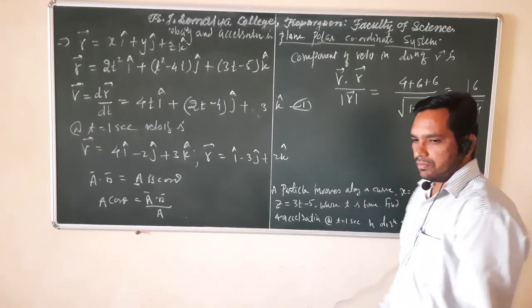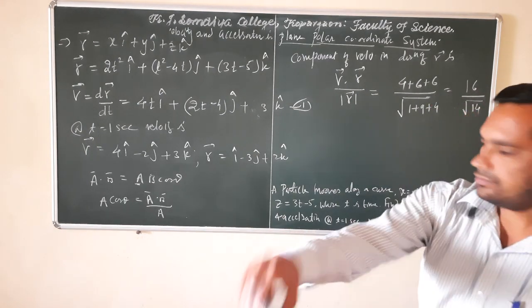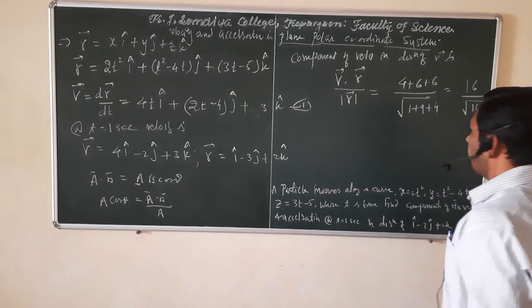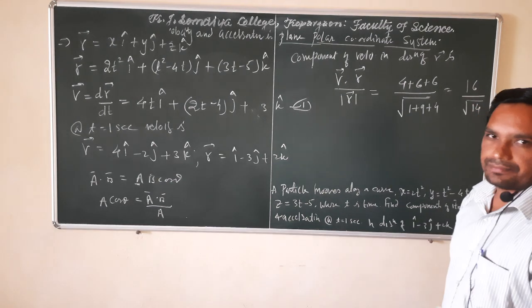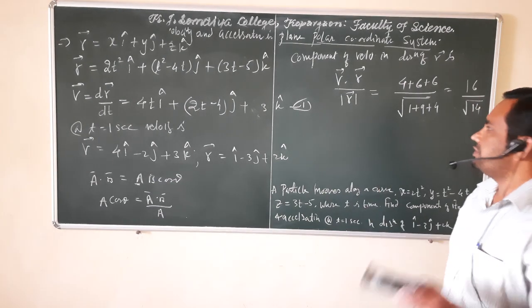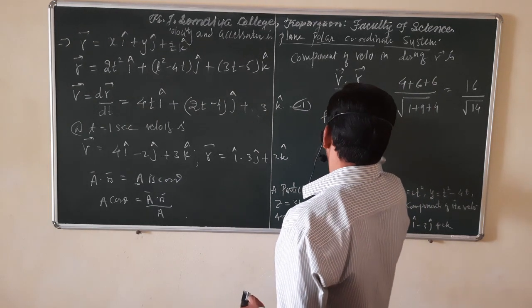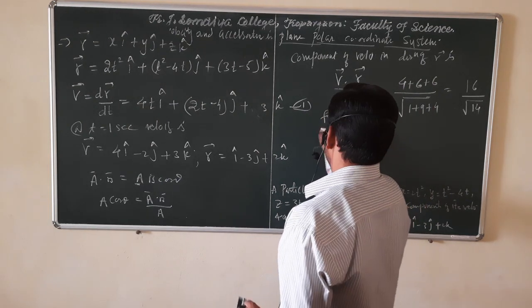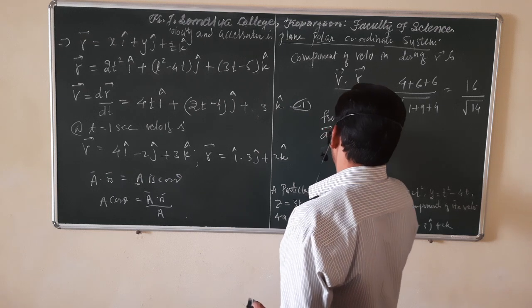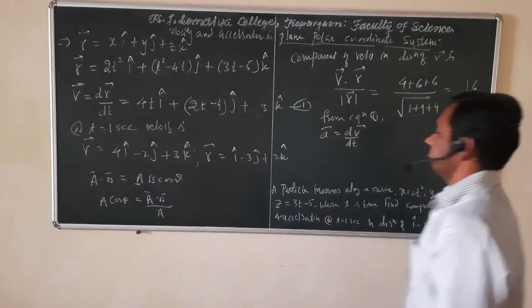Okay, now next we have to find out the acceleration. So from equation 1, acceleration is the derivative of velocity.